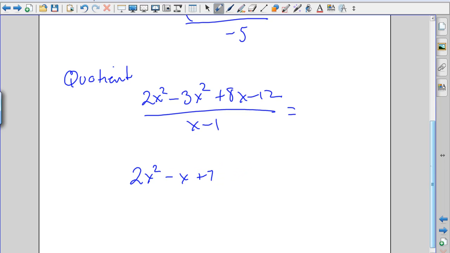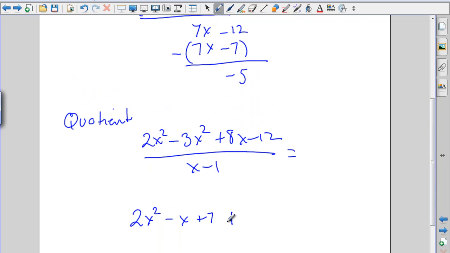And then what we would do if they wanted it in quotient form is we would put a plus sign, we'd put whatever the remainder was, in this case it was negative 5, over the divisor.